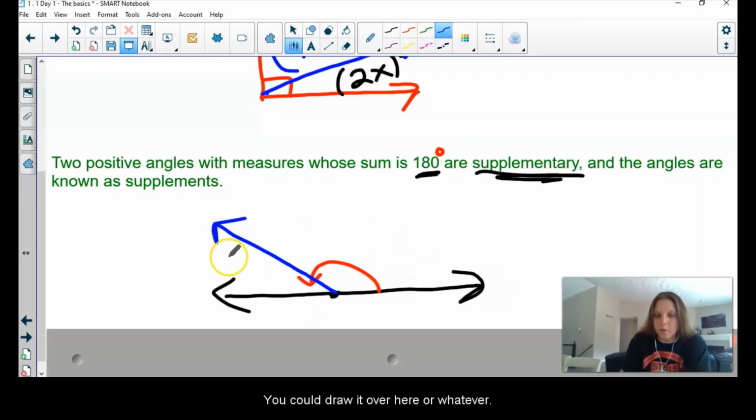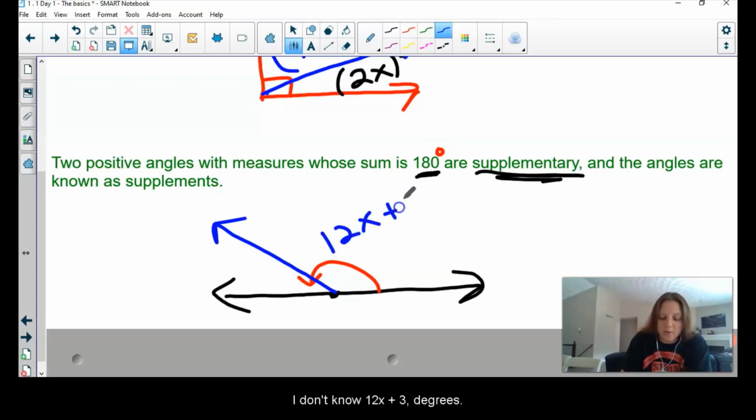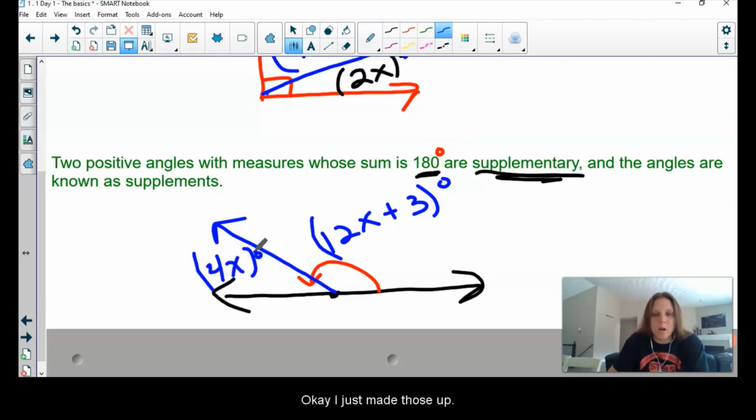You could draw it over here or whatever. And these angles have whatever measurement you want. So let's say this one is, I don't know, 12x plus 3 degrees, and maybe this one is 4x degrees. I just made those up, just showing you that there are two separate angles. If you were to calculate these values and find these two angles, they would add up to 180.